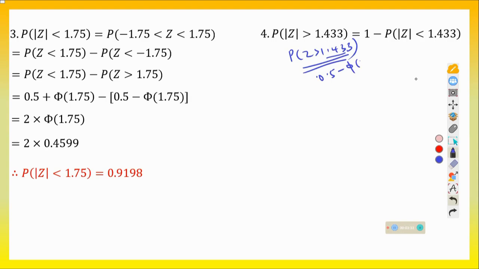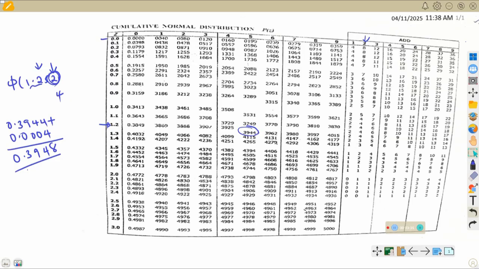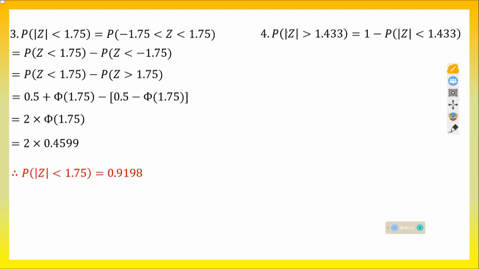But this is a magnitude, so you must first remove the magnitude sign, and deal with the equivalent expression, which is 1 minus the probability of magnitude of z less than 1.433. But we can easily manipulate this.